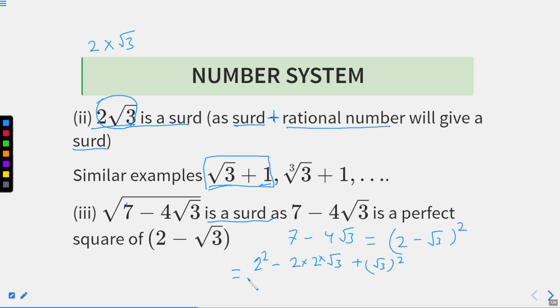Now let me simplify more. It is 4 minus 4 root 3 plus 3, which is equal to 7 minus 4 root 3. So we saw that 7 minus 4 root 3 is a perfect square of this. Clear? Let's move on.